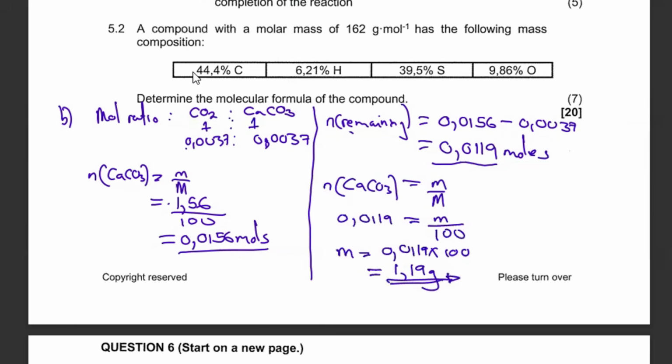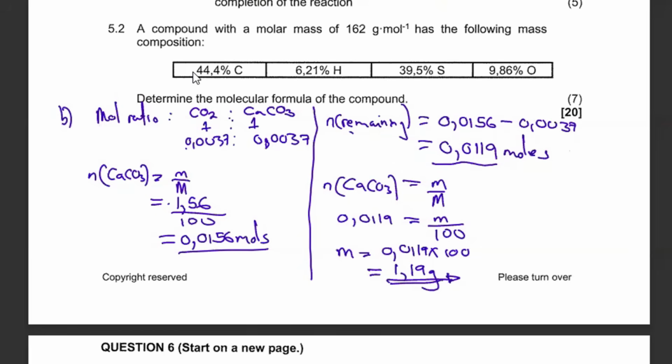So the mass of calcium carbonate that remains unreacted in the flask at the completion of the reaction is 1.19 grams. Then we can move on to question 5.2, which reads: a compound with a molar mass of 162 grams per mole has the following mass composition.